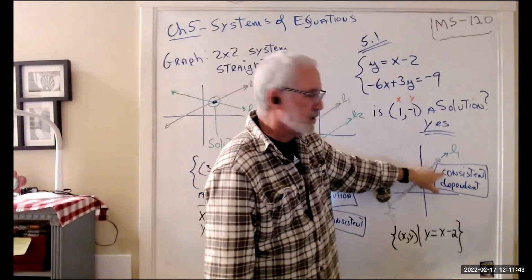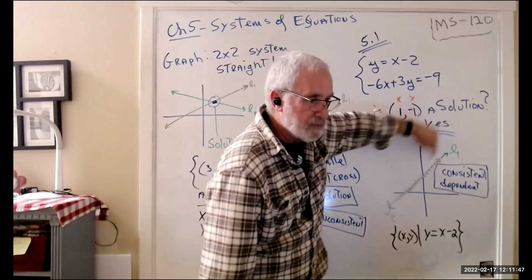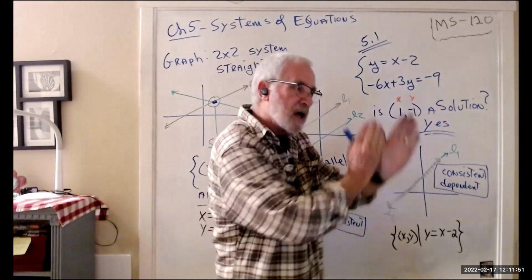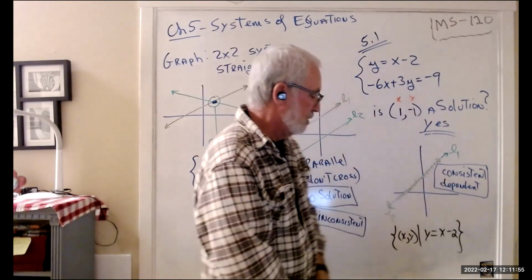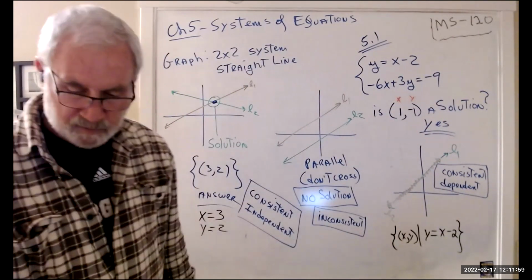If the two lines are actually the same, there's an answer. In fact, there's about a billion answers, but they're the same line, so they depend upon each other, so we call it consistent, dependent. And then inconsistent means there is no answer.